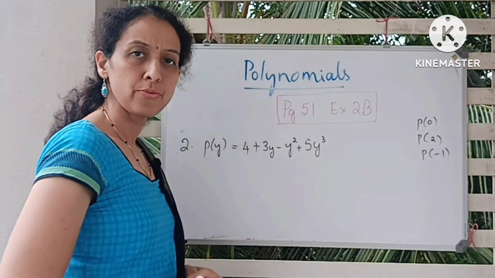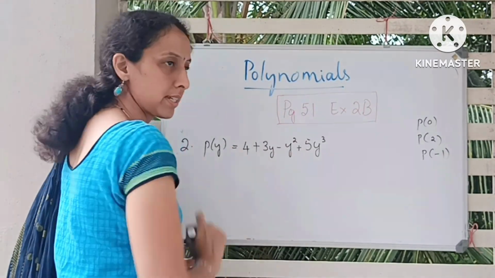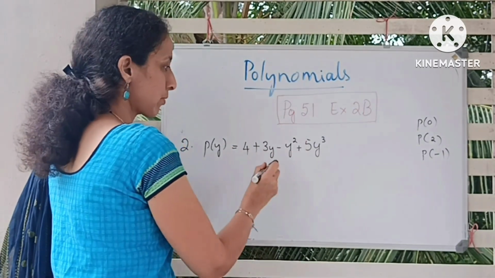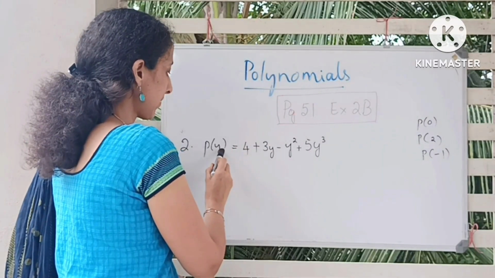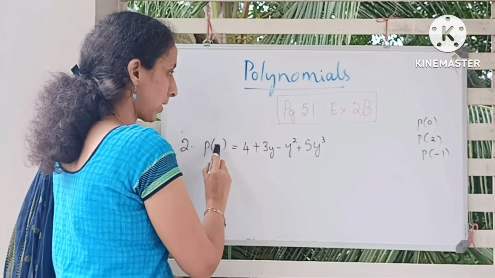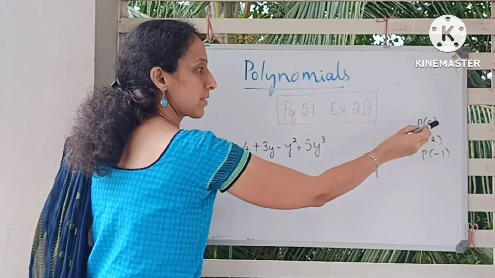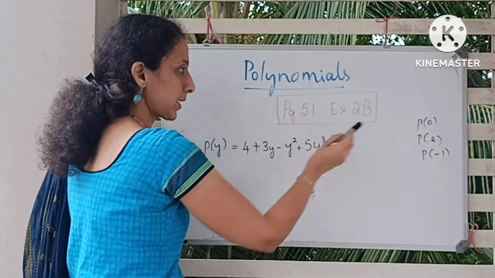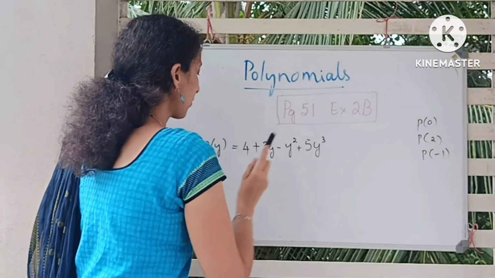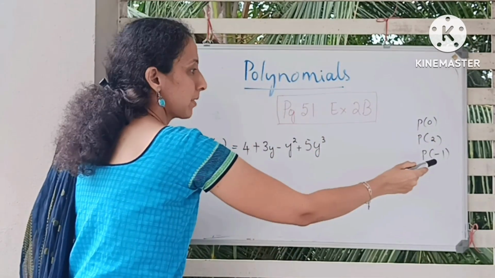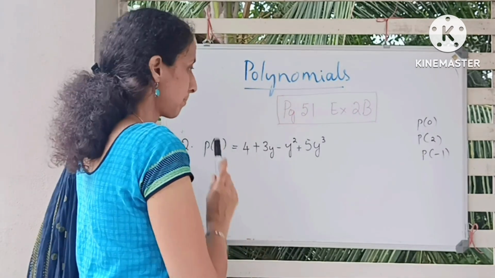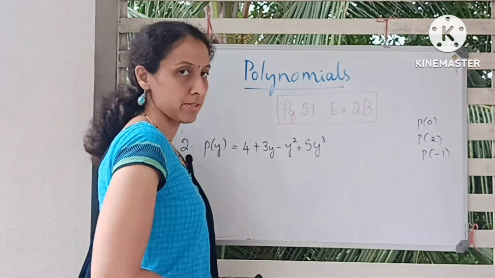When we see a function of y here, wherever we find the variable y, we have to replace it with 0 to find P of 0, 2 to find P of 2 and minus 1 to find P of minus 1.